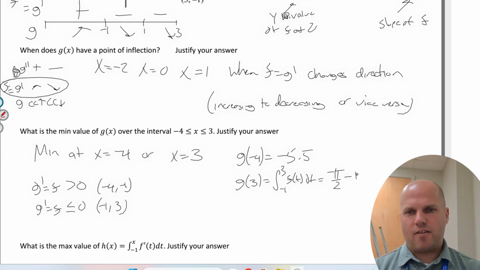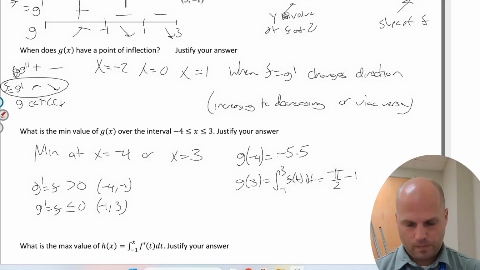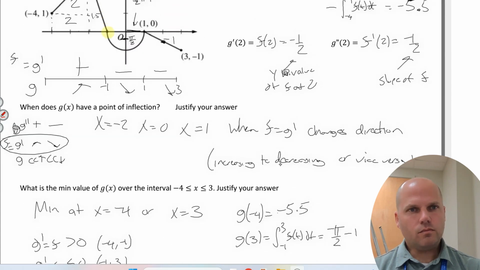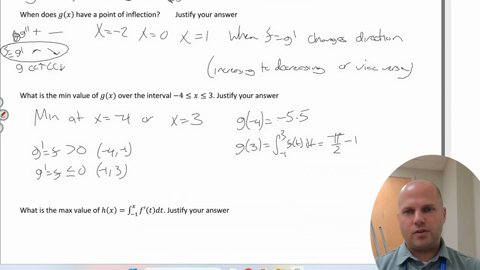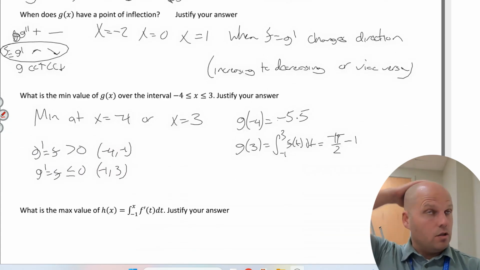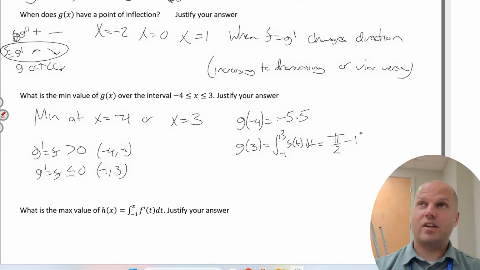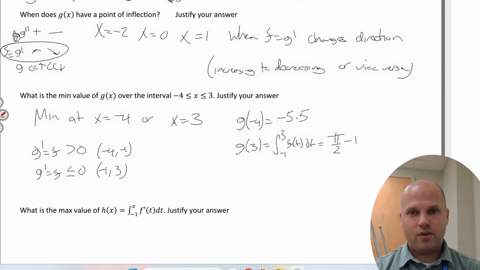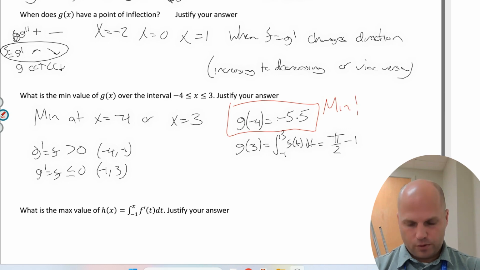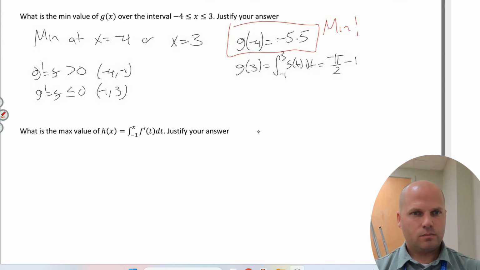This is close to 1.5 minus 1, which is minus like, how do I know what this is? You can always replace pi with 3 as a good approximation. So if I do 3 divided by 2 minus 1, that's like negative 1.5 minus 1, which is negative 2.5. This is the winner. Cool. Good one to have an endpoint on.